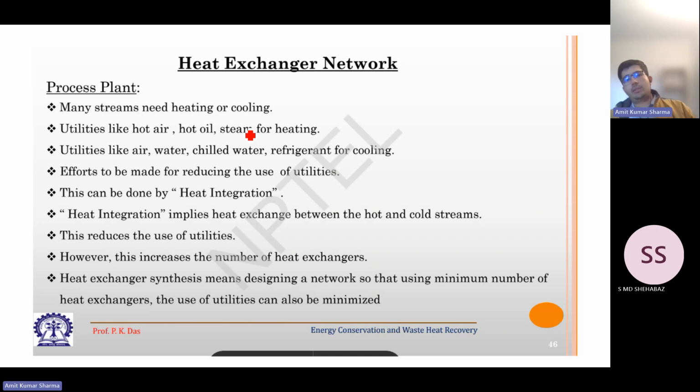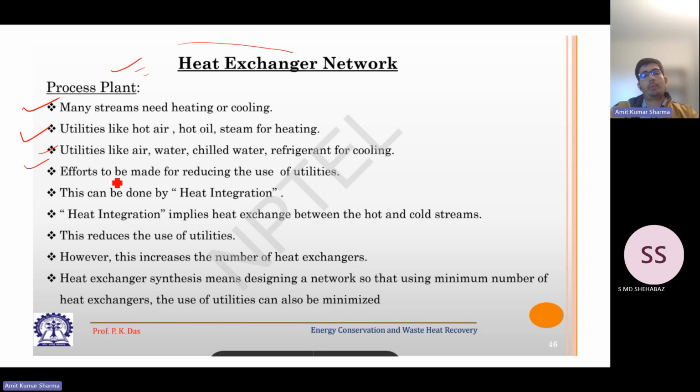Many streams need heating and cooling in a process plant. Utilities like hot air, hot oil, steam are for heating. Utilities like air, water, chilled water, refrigerant are for cooling.